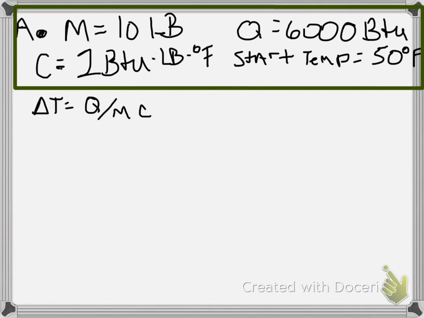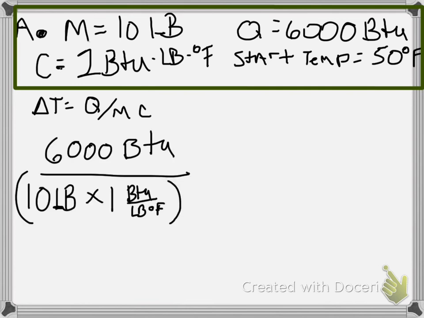The equation I'm going to work with is the change in temperature, which is equal to Q divided by the mass times its specific heat. And now I'm just going to set up the problem. Alright, so I wrote out my problem on my set. I'm going to change colors so that I can cross out things.